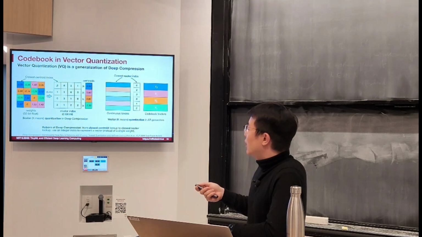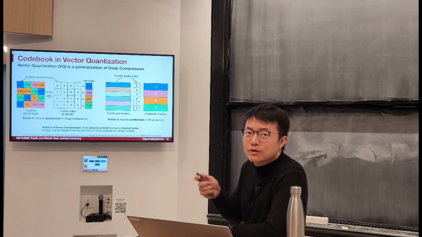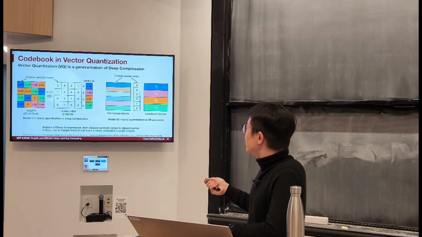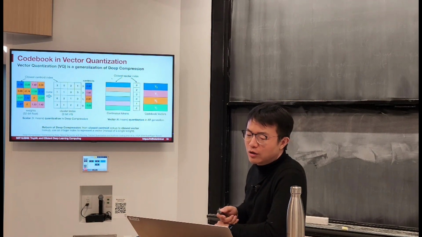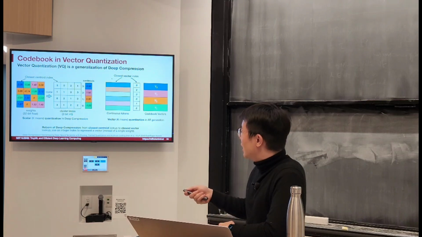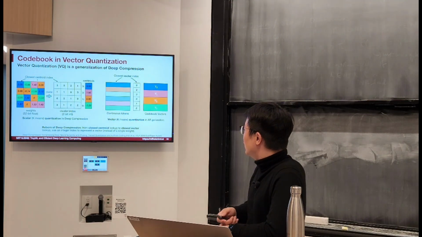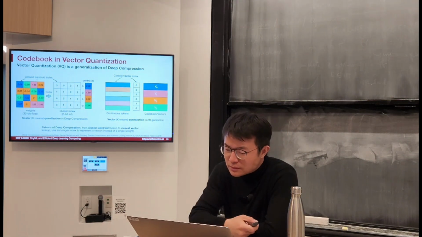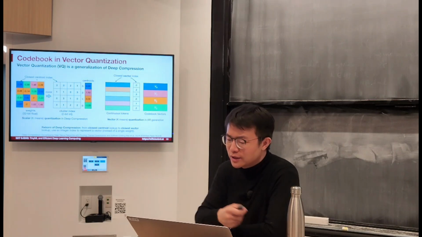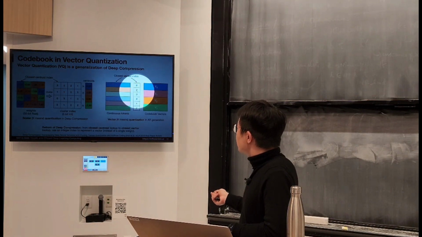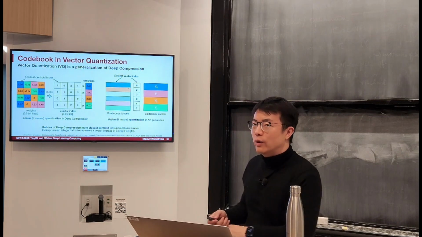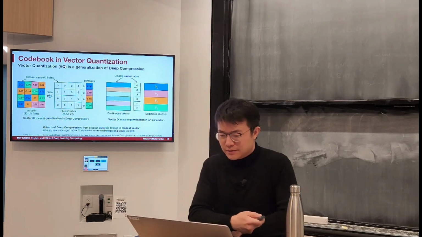Now we are not quantizing individual weights, but a vector of pixels. That's why we call it vector quantization, compared with the scalar quantization here. So we can do vector quantization in AI generation where each index corresponds to one of the codebook entries.